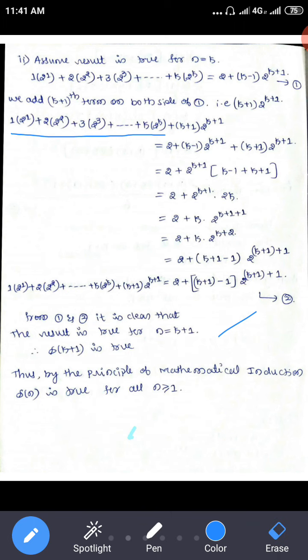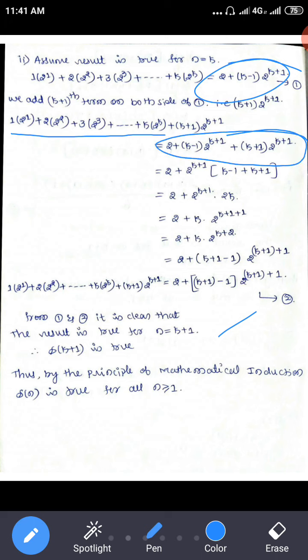So what I will do is, k plus 1 times 2 raised to k plus 1. This you write as it is, plus (k plus 1) into 2 raised to (k plus 1). This you simplify and say that wherever n is there, you should get k plus 1. That's it. So that is 2.